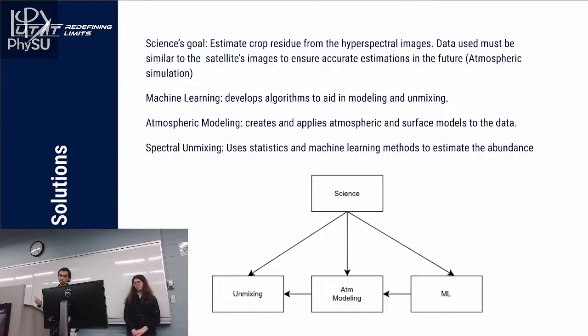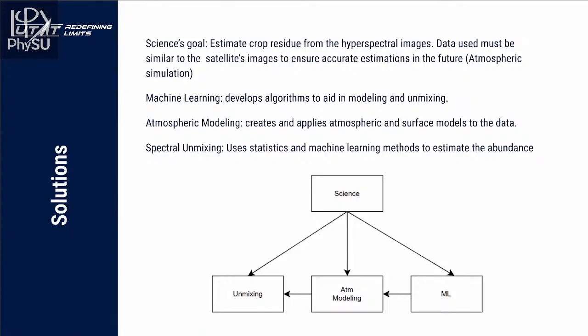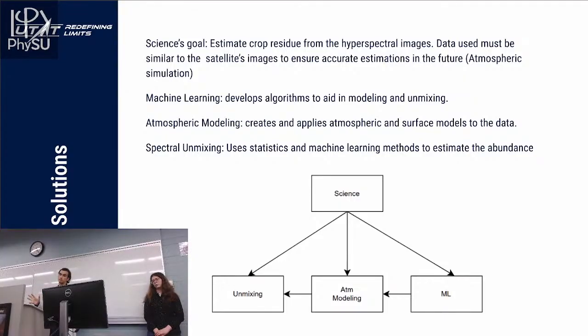We use machine learning to develop algorithms to aid with modeling and unmixing. We create and apply atmospheric and surface models to the data itself, and we unmix the spectra received from satellites and from the ground to estimate the abundance of non-photosynthetic vegetation.